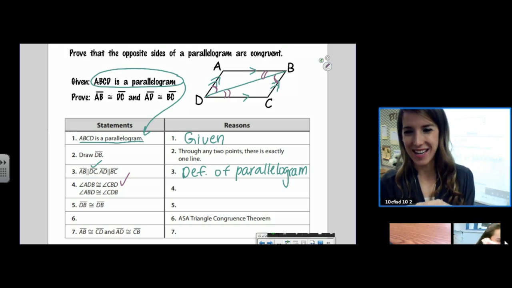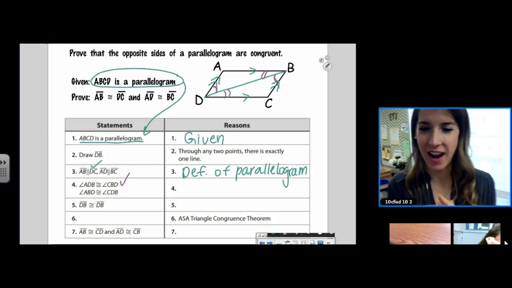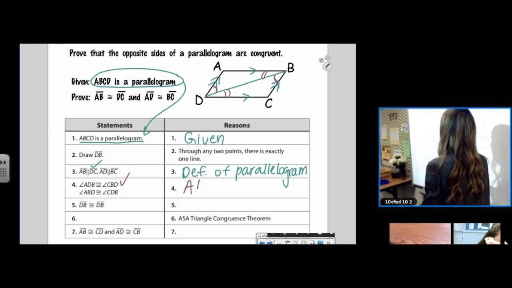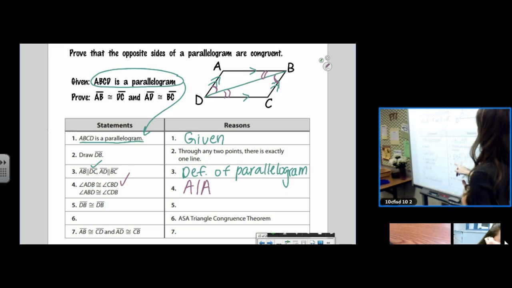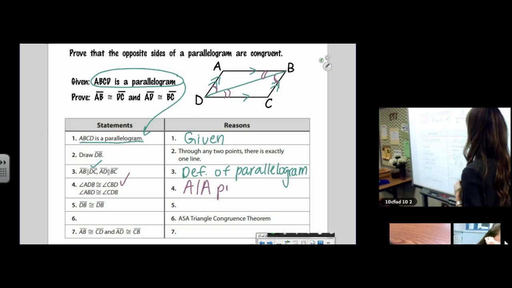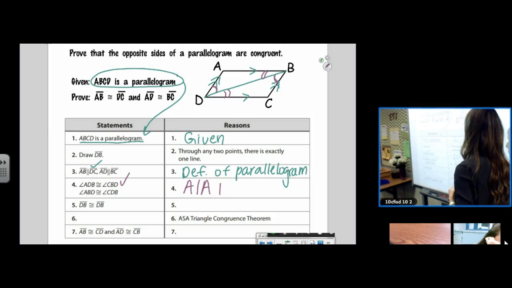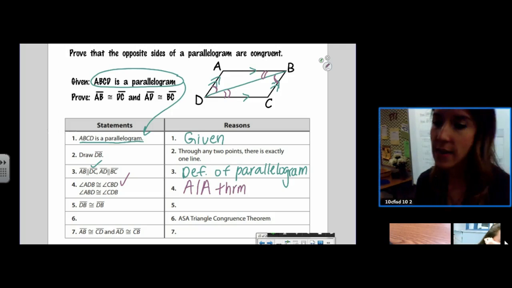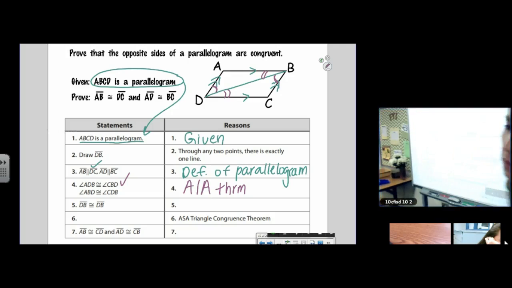Why are we allowed to say number 4 is true? Very good, you got it. Because if we have parallel lines, then alternate interior angles are congruent. It's not a property, it's a theorem, sorry. Alternate interior angle theorem. Yep, that's why. That's the only correct answer.